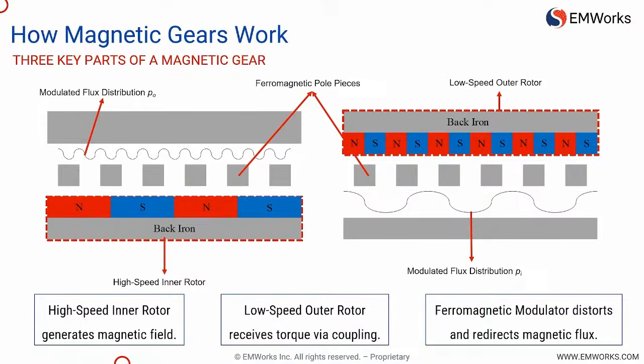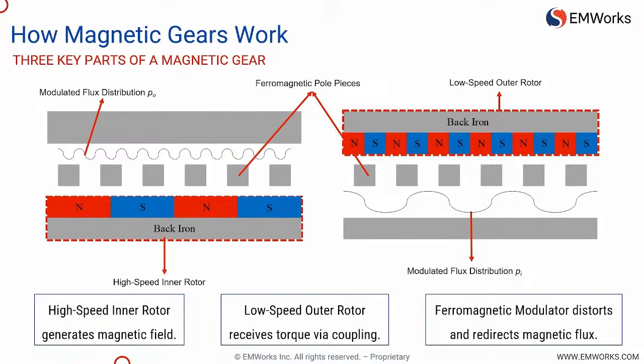The modulated flux density has amplified harmonics corresponding to the flux density created by the other rotor. So due to the interaction between harmonics, the torque is transmitted between the two rotors.